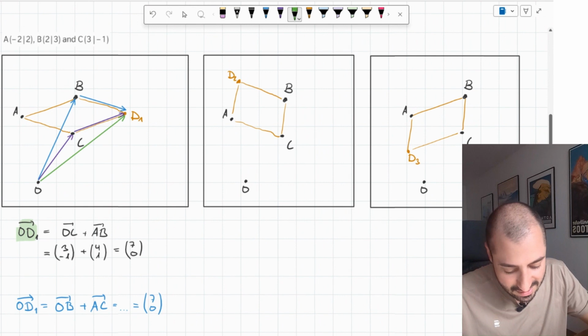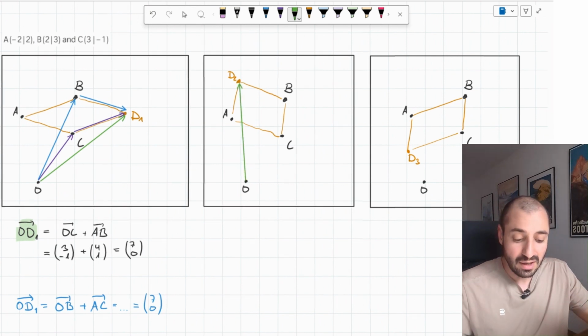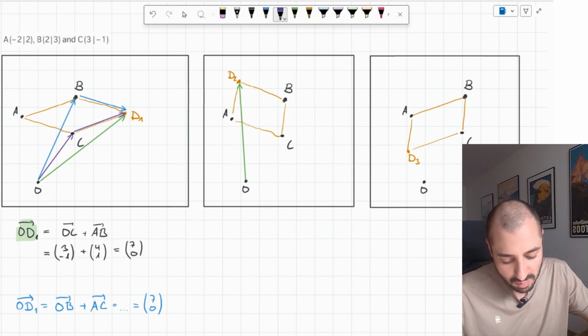Here in this case, you want to know this position vector here. One way would be to add OA plus this vector here.